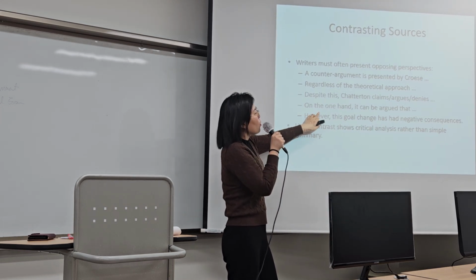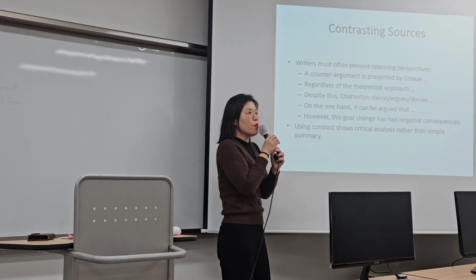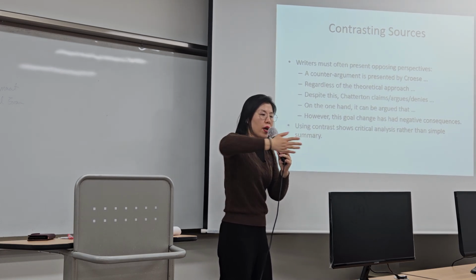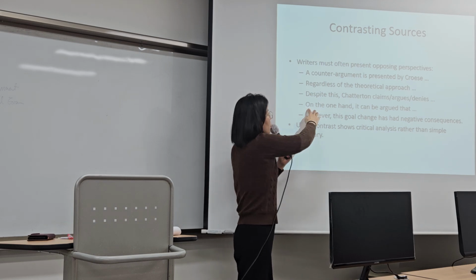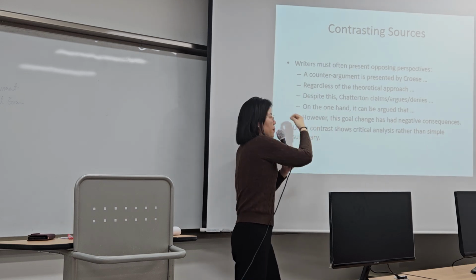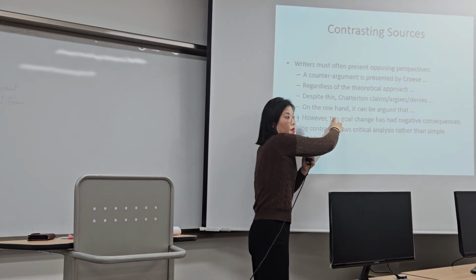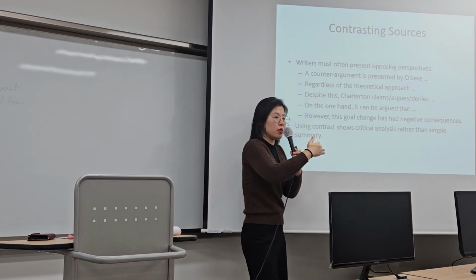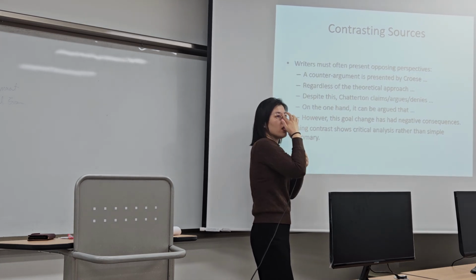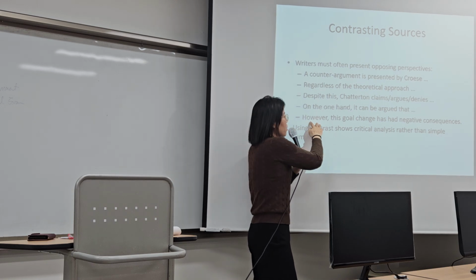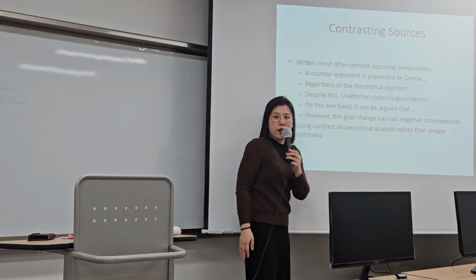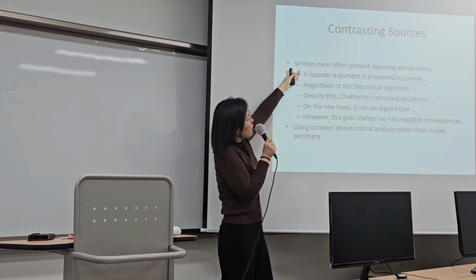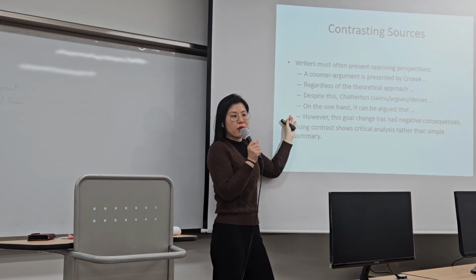The fourth one, they use this expression as well. If you want to change the tone, the direction of your argument, then you can put this phrase, on the other hand. All right? On the other hand is to change the direction of your argument. Or if you want to make a contrary point, then you can use however. All right? So make sure that when you contrast different sources, you use these expressions.